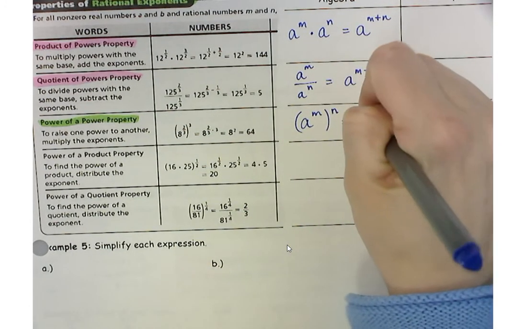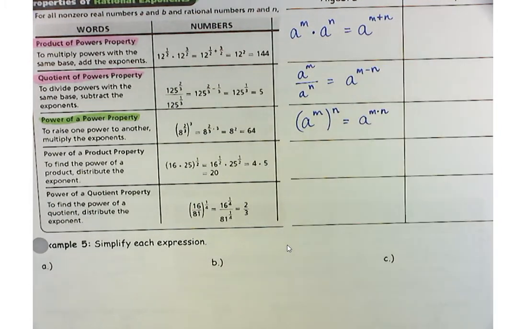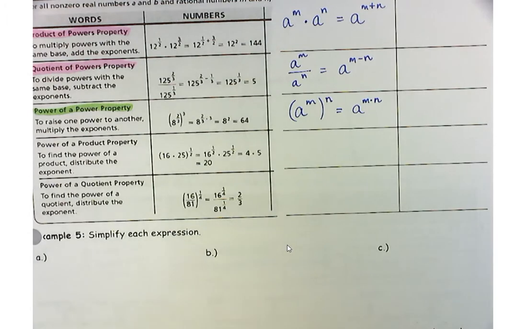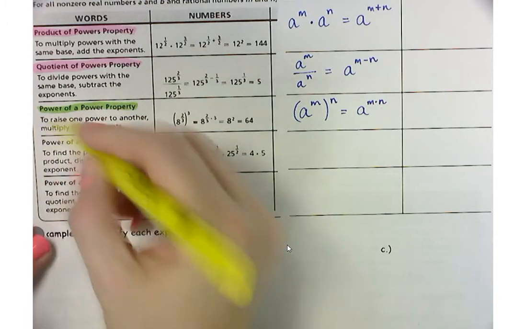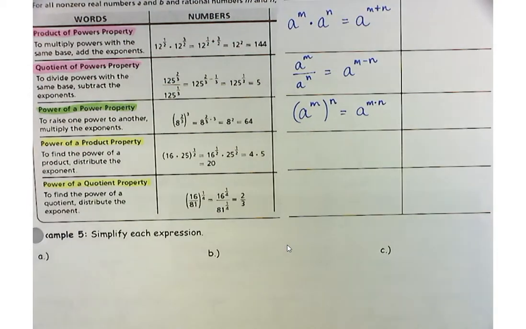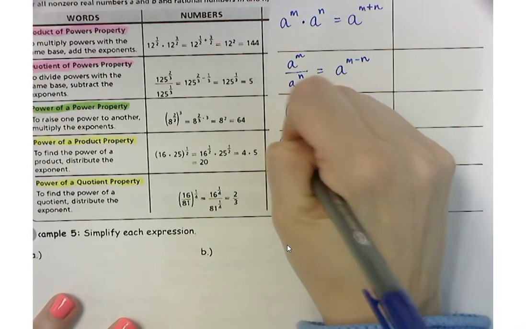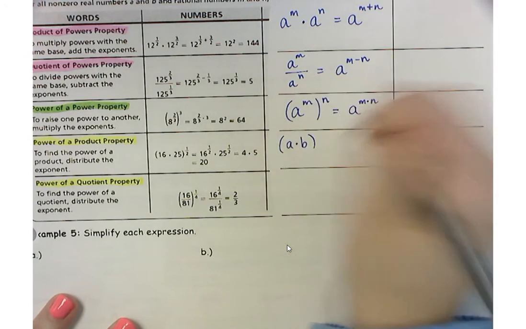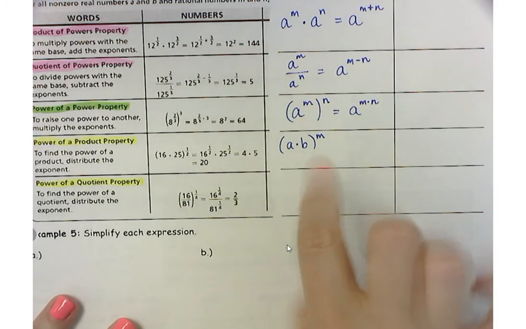All right, now the next two, these can only be used if you have a product or if you have a quotient. So if you do have a product, such as a multiplied by b, and that quantity is raised to the power m, you can distribute it.